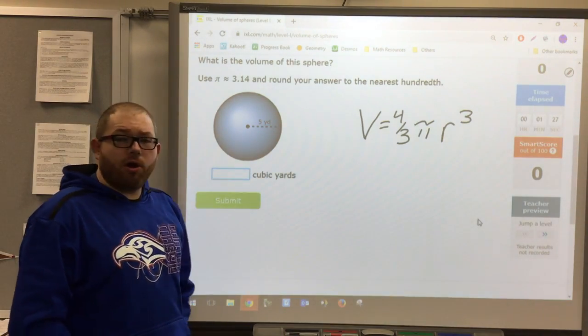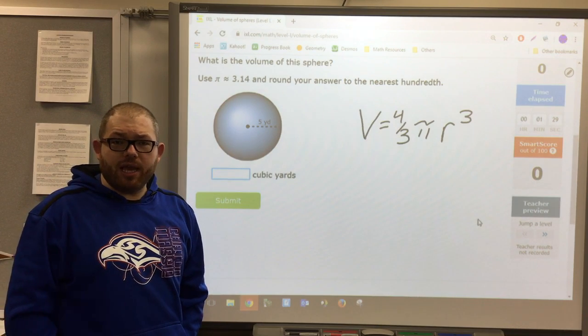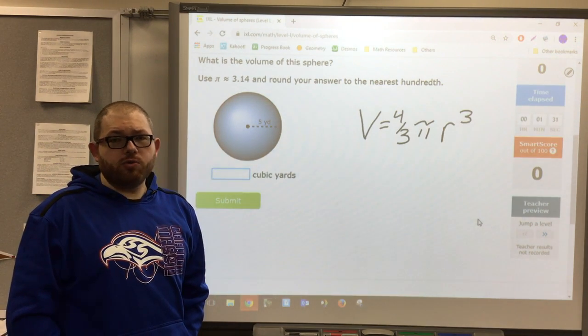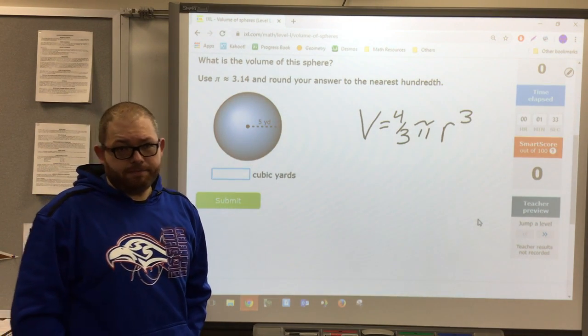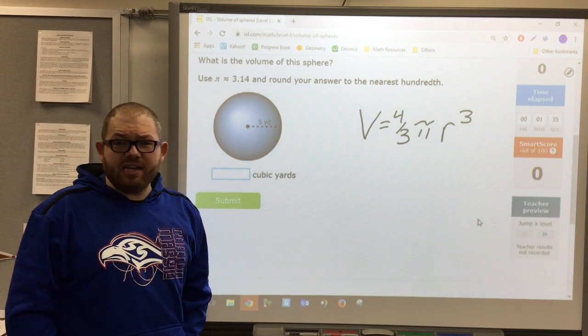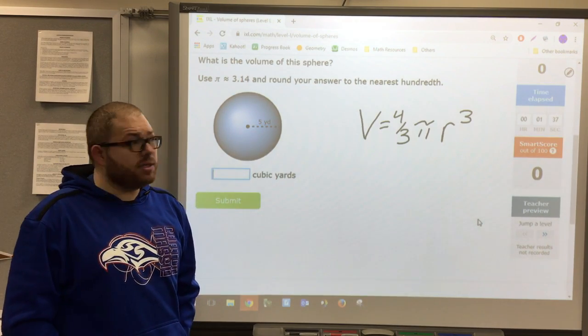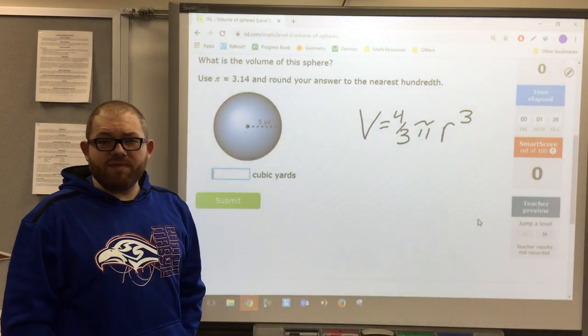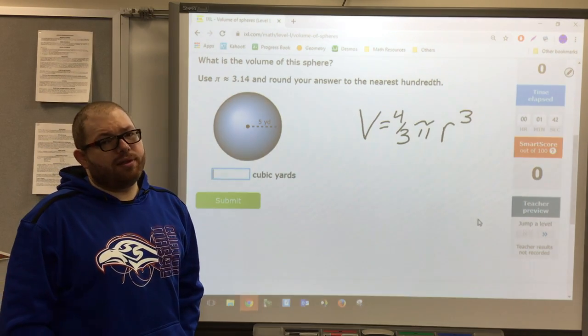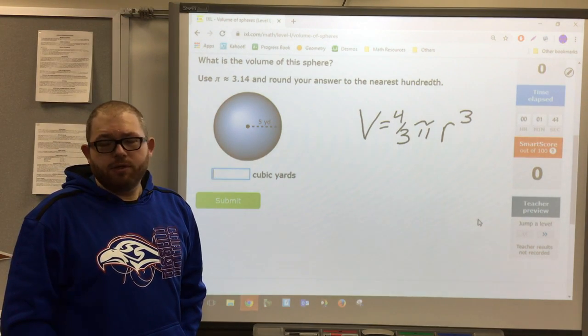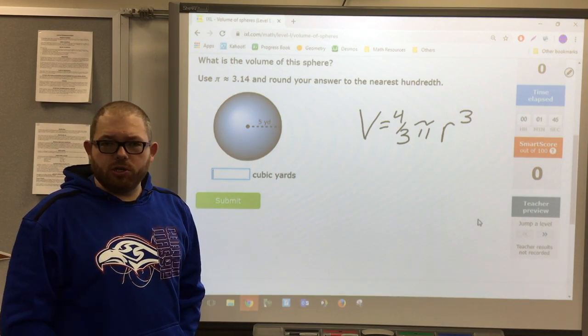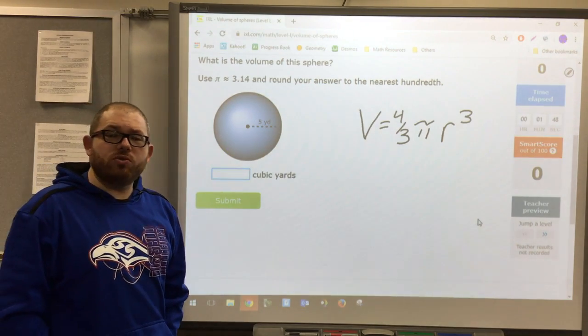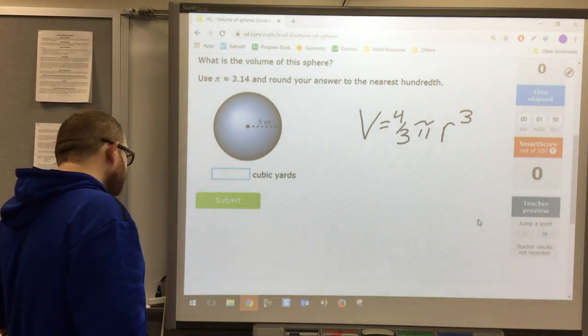So honestly, the hardest part of this is going to be making sure you type this in correctly. There is nothing to find on almost any of these questions, and the answers will be very ugly and more than likely require rounding. So even though there's not a lot of work to do, you need to take your time as you type in your answer.